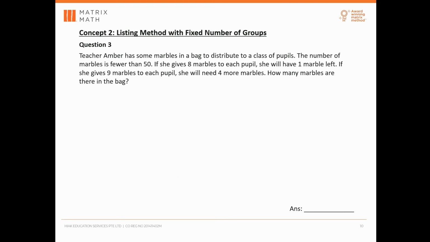Okay, now, so we know this is concept 2, which is a fixed number of groups. So what I want to ask is, what is the fixed number of groups? What is fixed? When you all read this question, what is fixed?